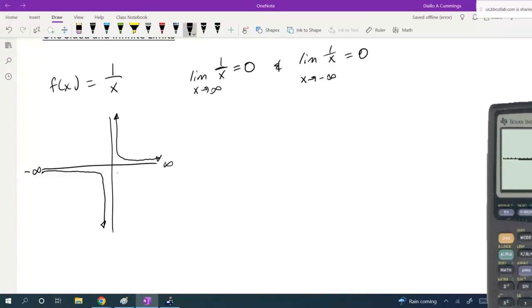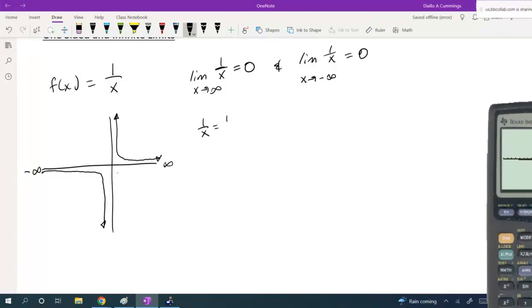Now you can see these things mathematically. Let's take the limit of 1 over x as x approaches positive infinity. If I take the function 1 over x, and I put bigger and bigger values in for x, we're going to see what happens.